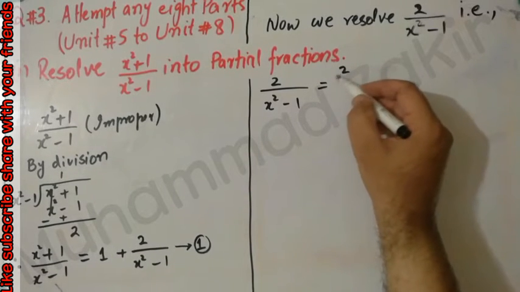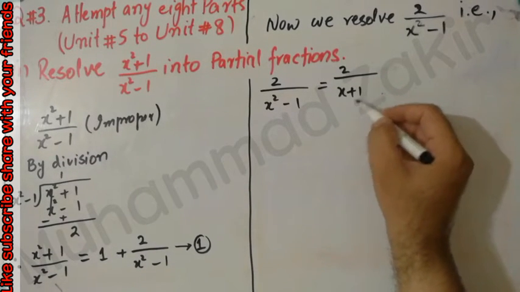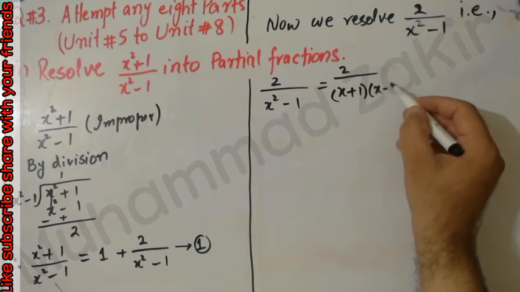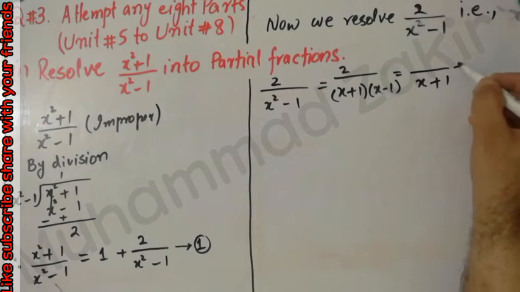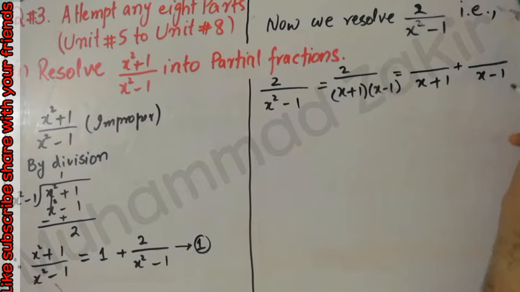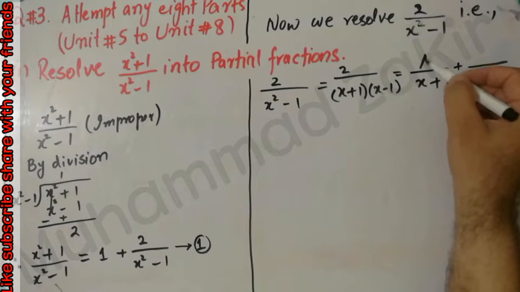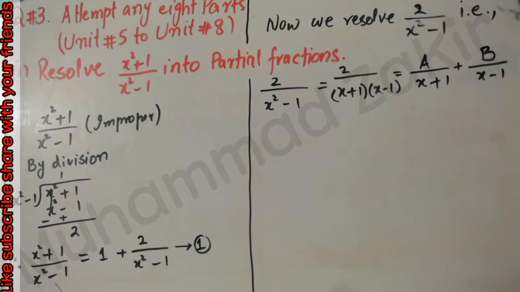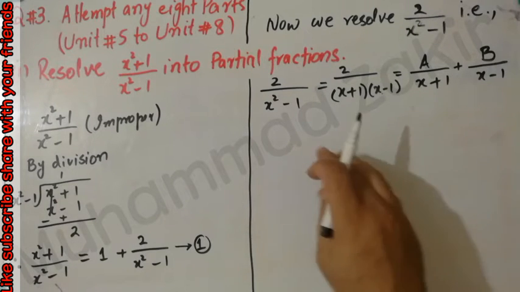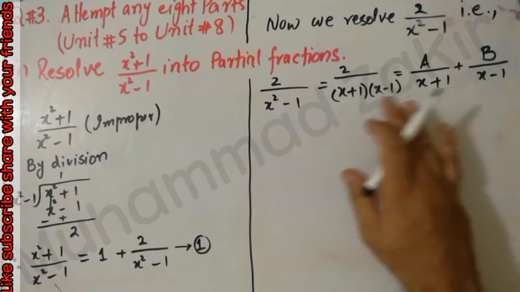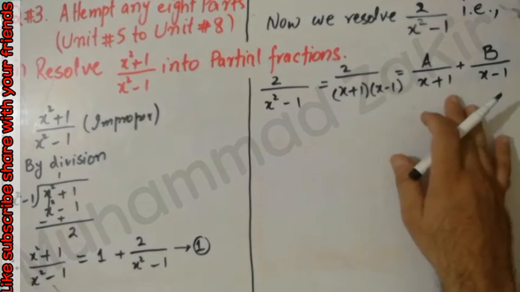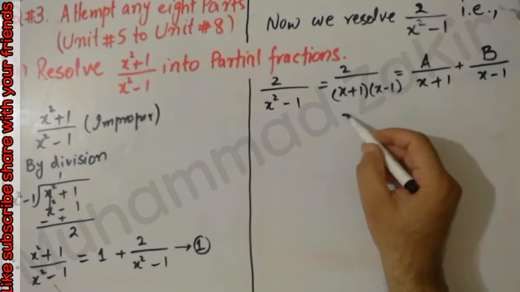We can write it further in the form (x plus 1)(x minus 1). This is the first linear factor and this is the second linear factor. We associate with them these unknowns A, B. Now we will just leave it here and proceed with the left hand side and right hand side forms. We take LCM on the right hand side.